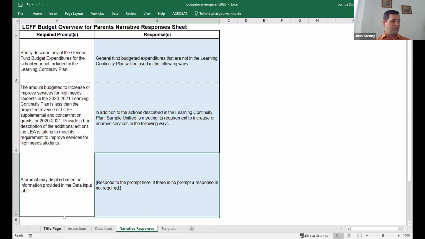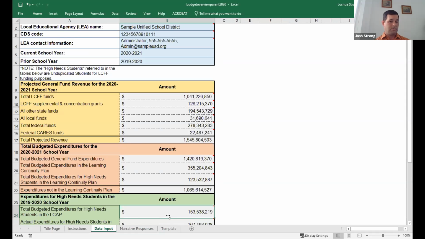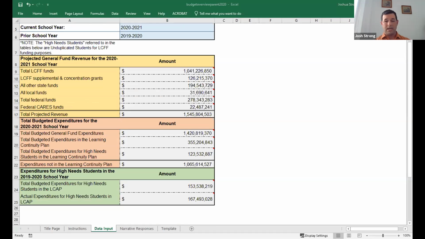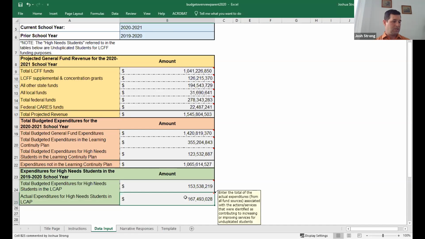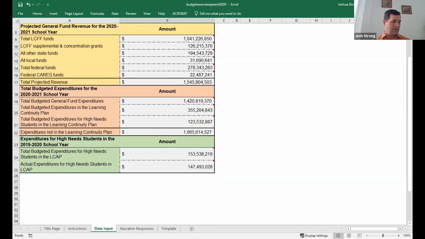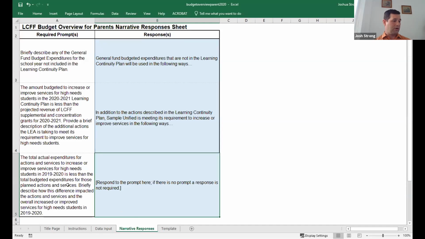And then for the third narrative response here, again, we can demonstrate triggering that particular response. We'll need to adjust this amount here. And that will trigger our third narrative response that we will then provide a response for.